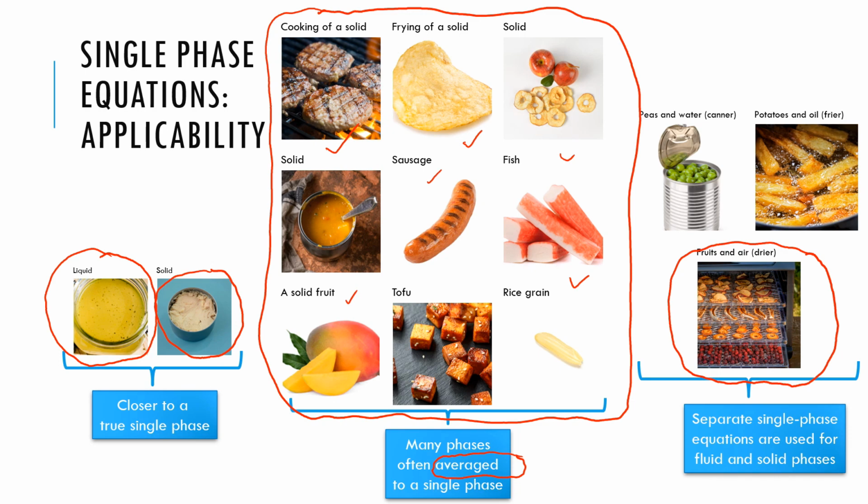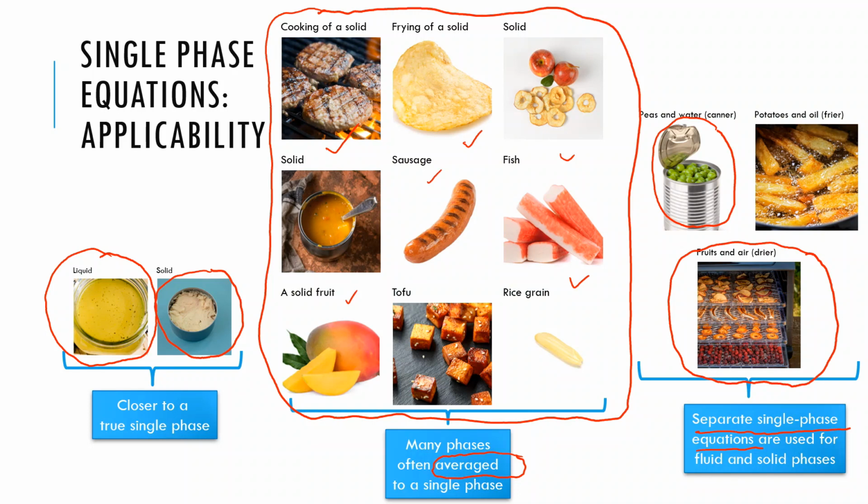So in this case, separate single phase equations are used or can be used for fluid and solid phases. So again, for example, the water and peas inside the can. There will be one equation for water, one equation for the peas.